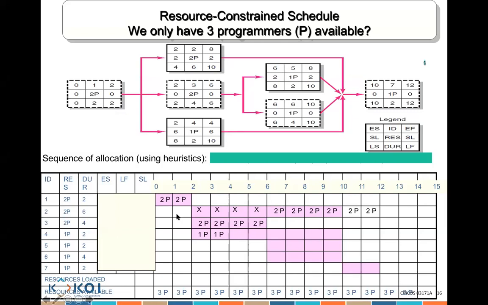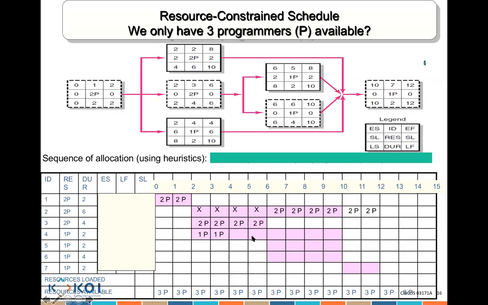Now, look at activity 4. Can you see between 4 and 6 how we have fewer people? Are we using 3 people between day 4 and day 6, or are we using less?